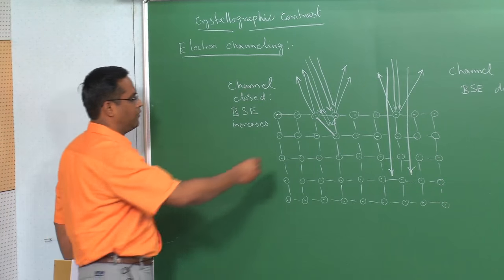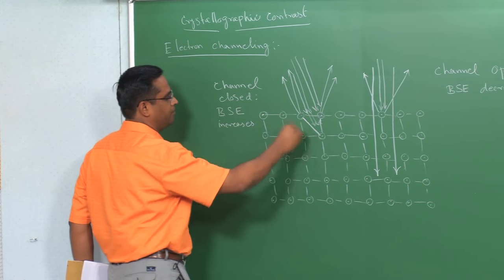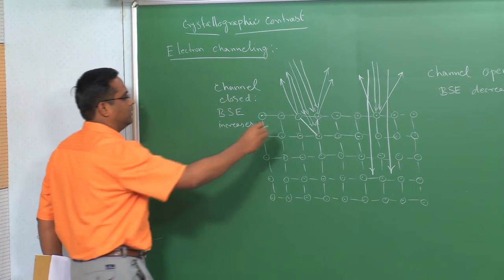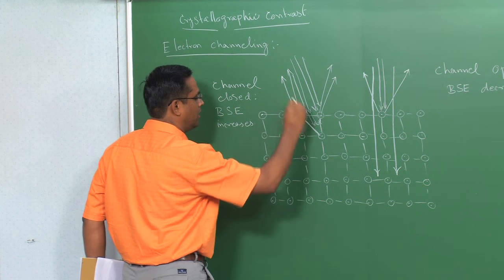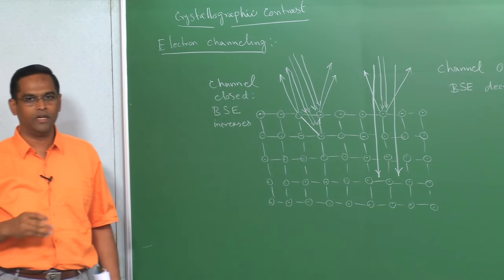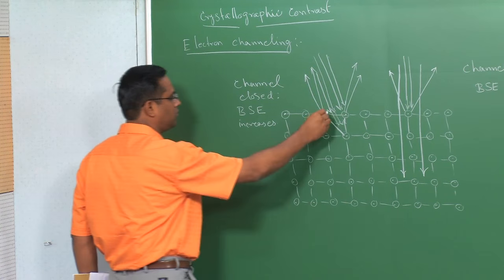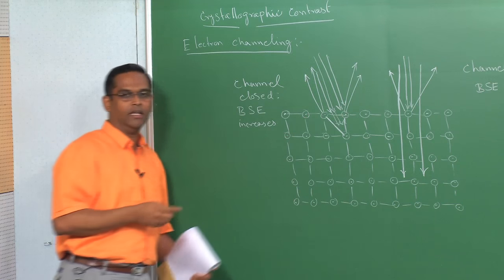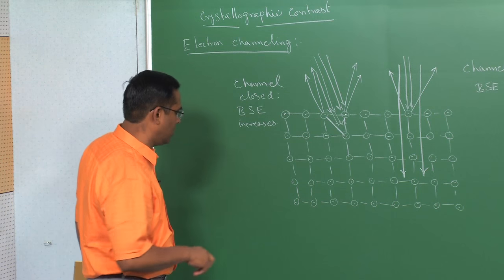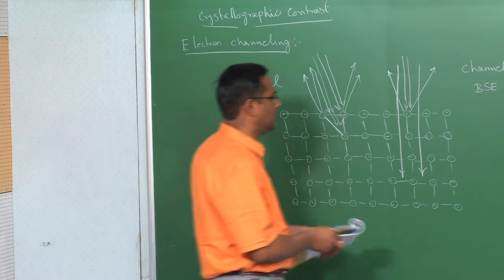Whereas if it is stopped at the surface itself, then the probability of getting BSE, that is the yield, is more here. So you have the difference in contrast. We will write a few remarks about it, then move on to the explanation.